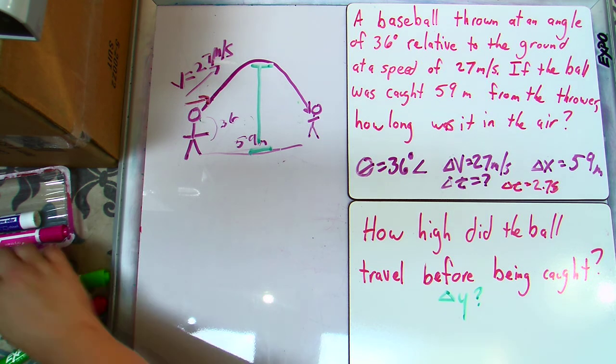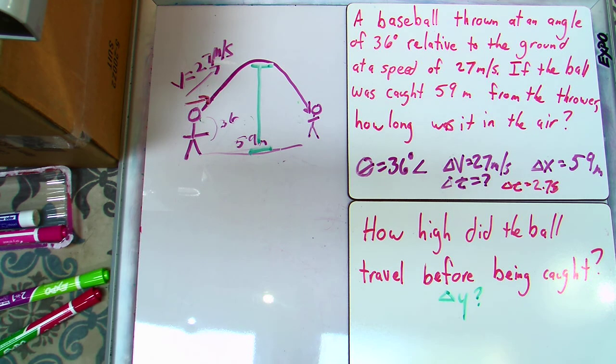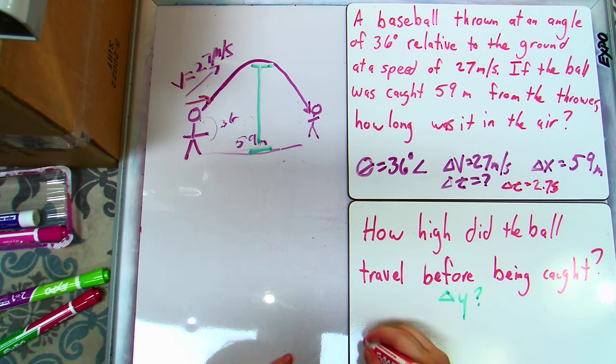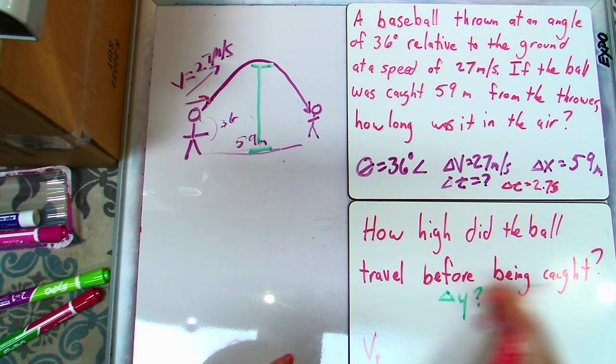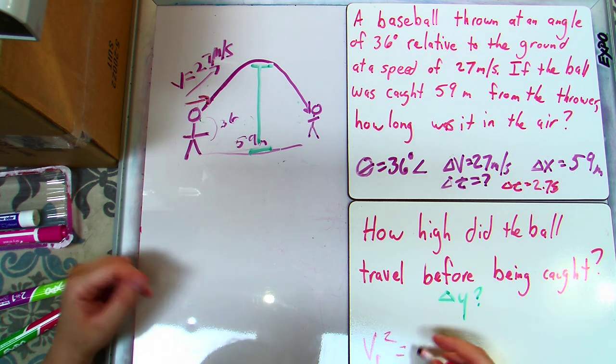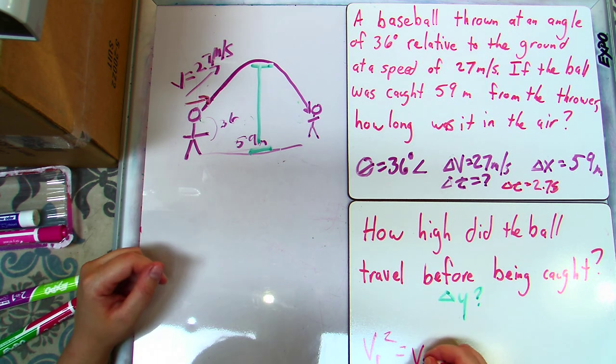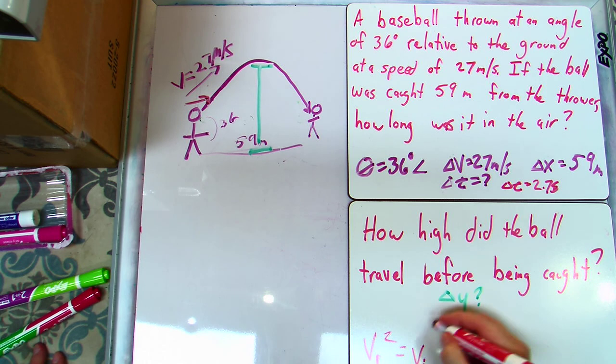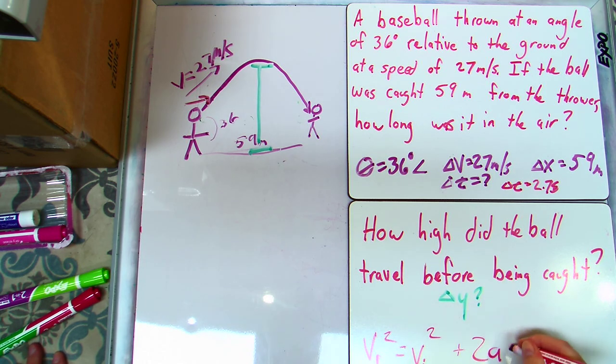All right, so again, we've looked at some equations like this before. One of the equations we've looked at was the final velocity squared equals the initial velocity squared plus 2a delta x.